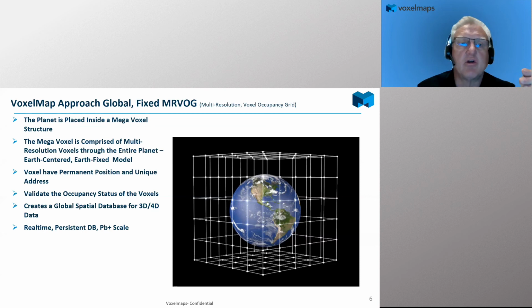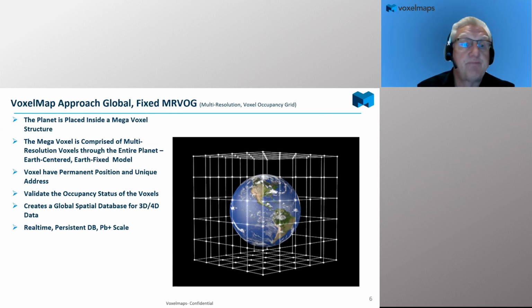It's an Earth-centered, Earth-fixed model, a standard Cartesian environment with XYZ coordinates, but instead of 0, 0 being null island out west of Africa, this is actually centered on the center mass of the Earth.